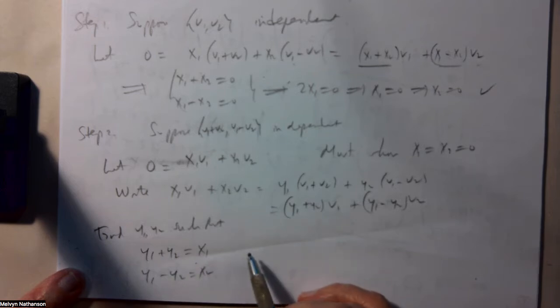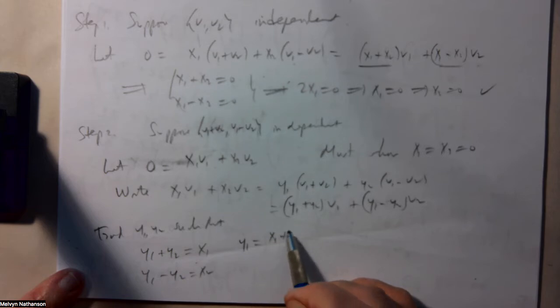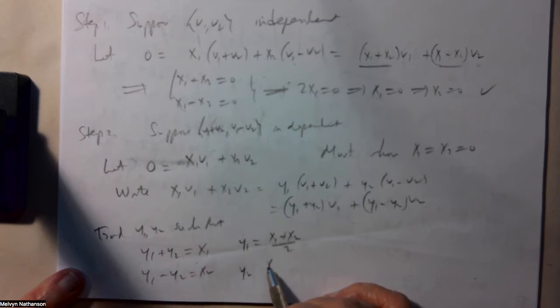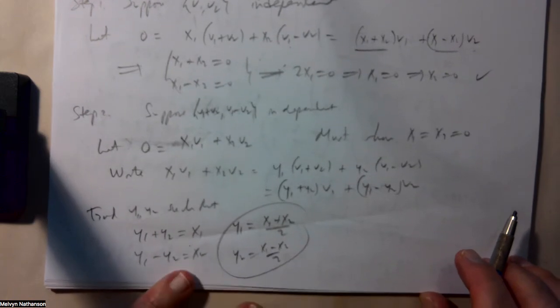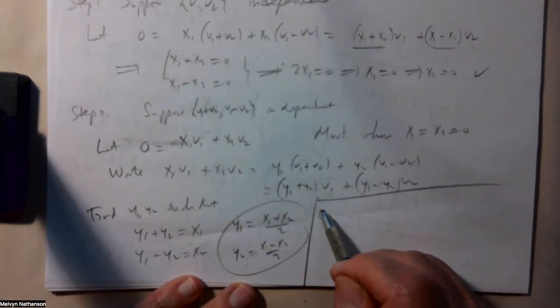And so I want to solve these equations for y1 and y2. If I add, I would get that 2y1 is x1 plus x2. So y1 is (x1 plus x2) over 2. And if I subtract, I would get y2 is (x1 minus x2) over 2. So I have a vector equation. By a miracle, I was able to find it.